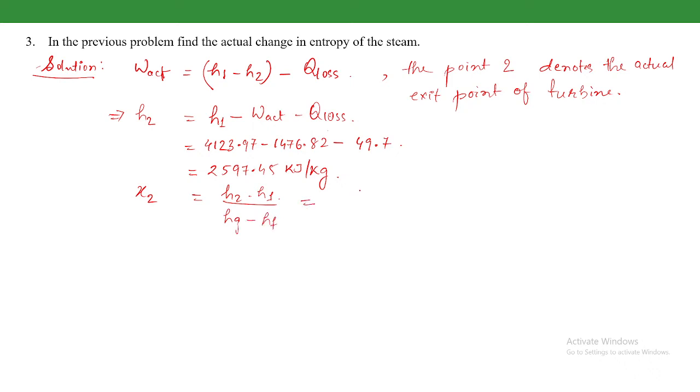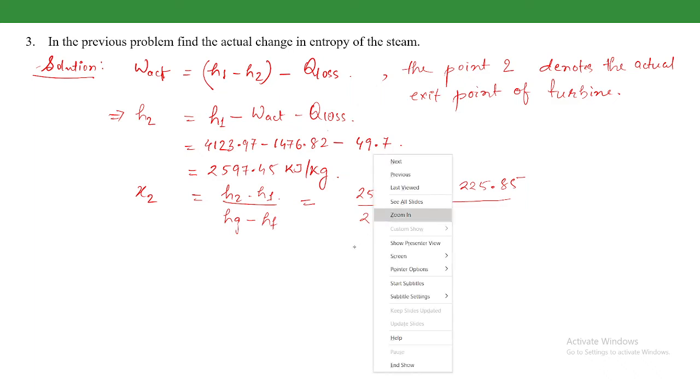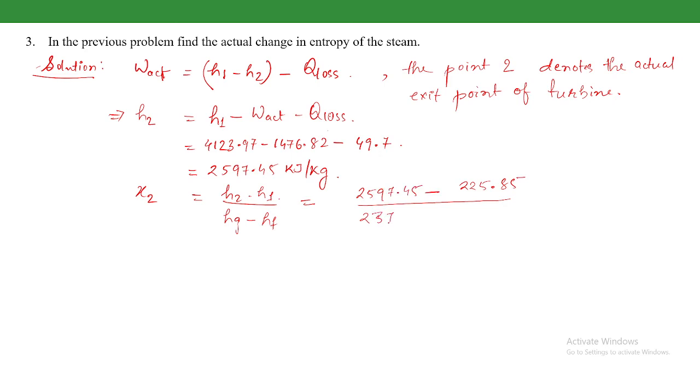So this is 2597.45 minus 225.85, divided by 2373.51.